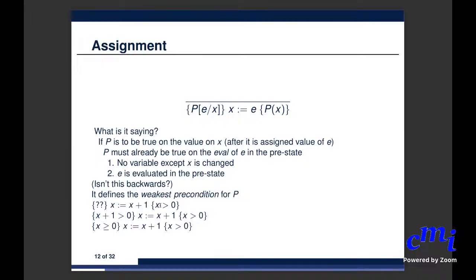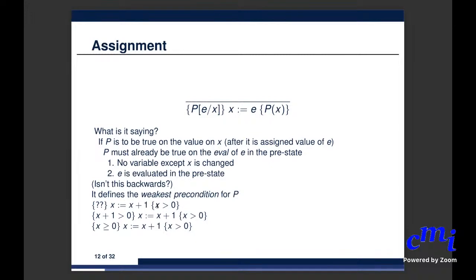At the beginning of the lecture, I asked you what these question marks were, based on an informal notion, after having introduced what a Hoare triple is. Now, this rule is giving you exactly how to construct that.